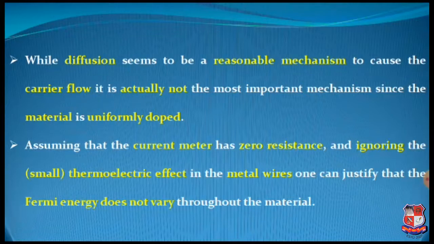So with these two assumptions, one can justify that the Fermi energy level does not vary throughout the material. It means that while performing this experiment, you will have no change in either the conductivity or the resistivity of the investigated semiconductor.